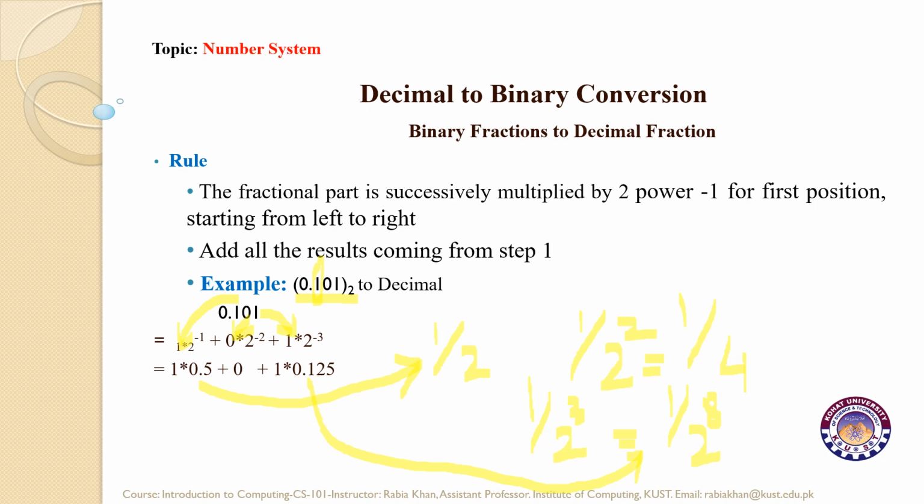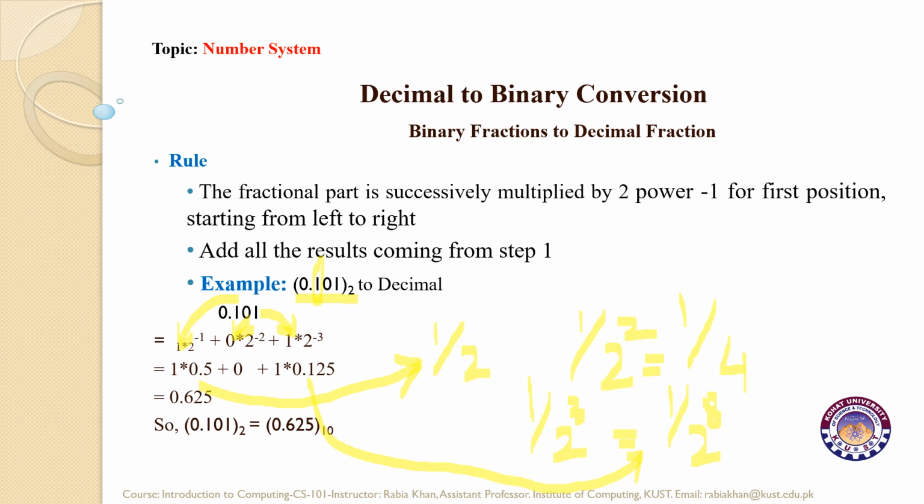So after performing these multiplications and summing up the results, we get 0.625, which is within the range of the decimal number system. So we write the result as 0.101 in base 2 is equal to 0.625 in base 10.